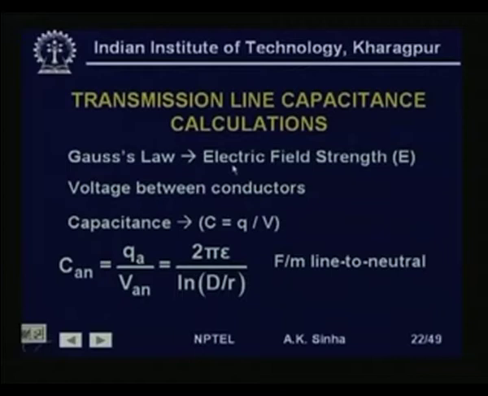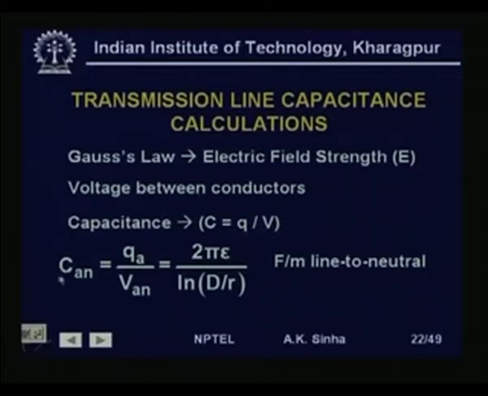So, using Gauss's law we find out the electric field strength, and then from that we can find out the voltage between the conductors, and then we can find out the capacitance C is equal to Q by V, where Q is the charge on the conductor. So, we can calculate the capacitance.